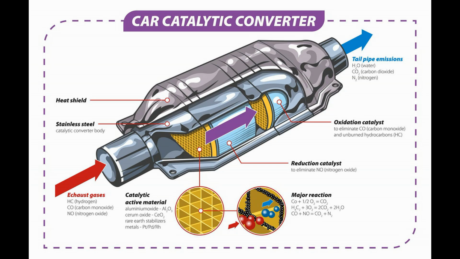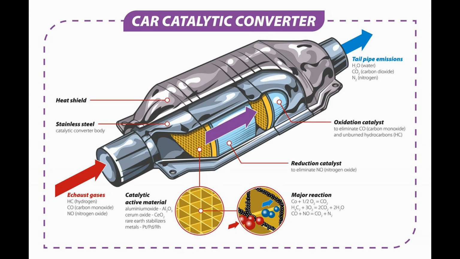So the first thing is, what is a catalytic converter? A catalytic converter is an exhaust emission control device that uses a catalyst to convert harmful pollutants in the exhaust gas from an internal combustion engine, in this case, into less toxic substances.